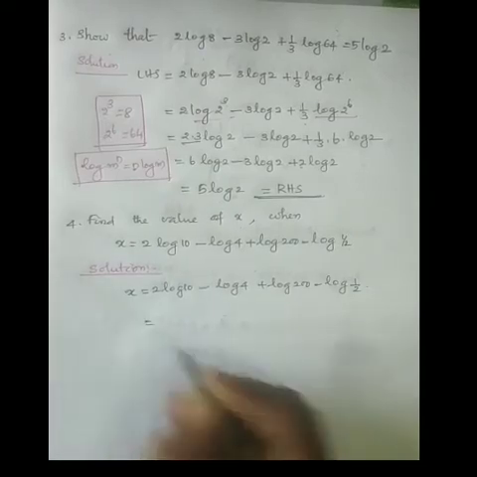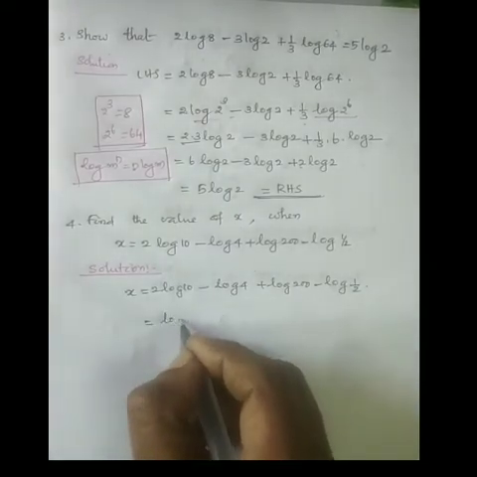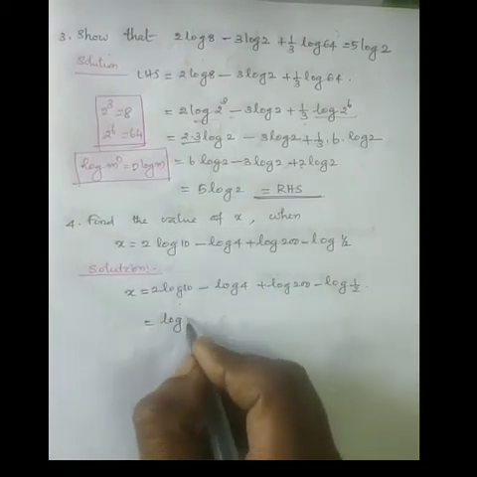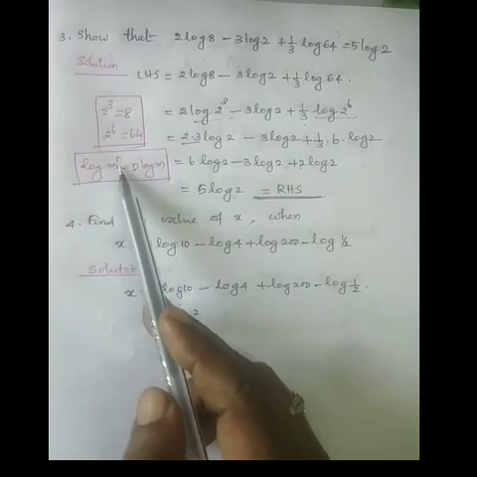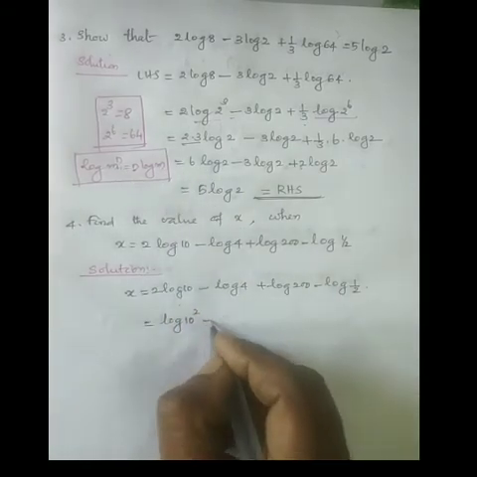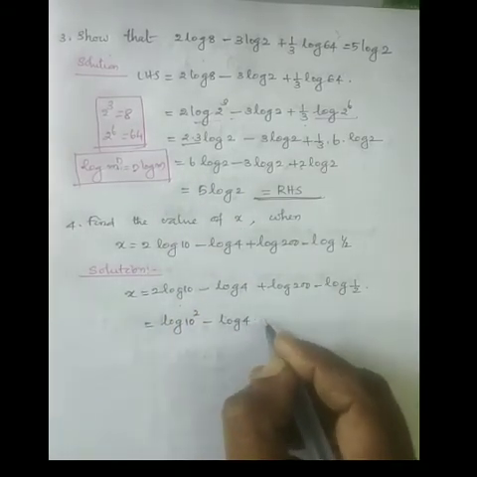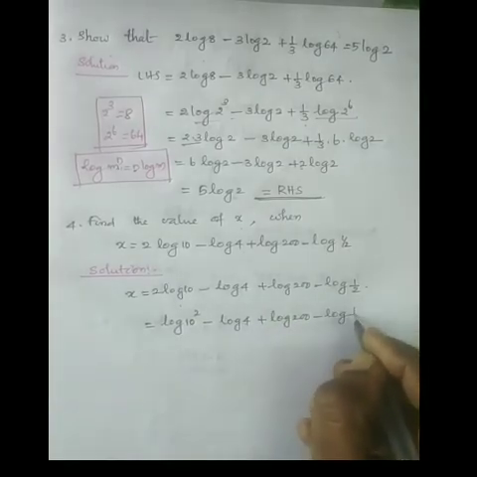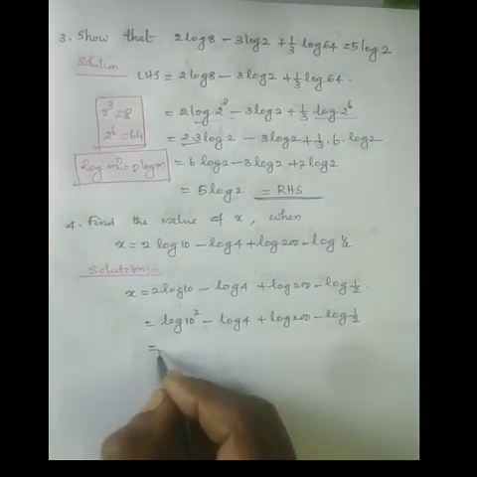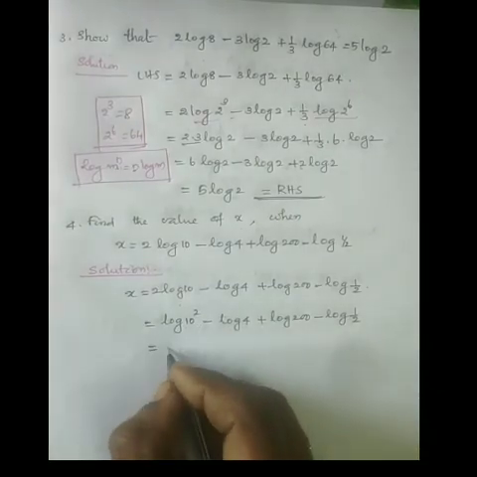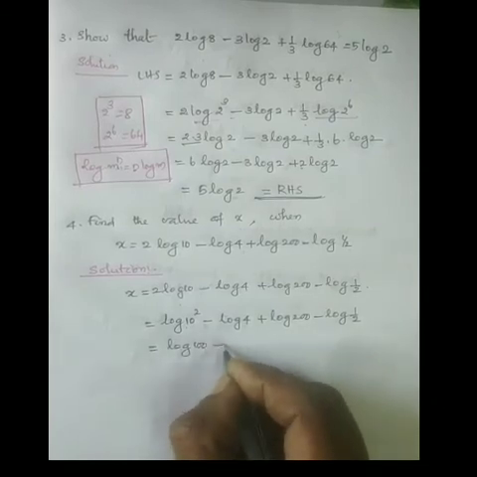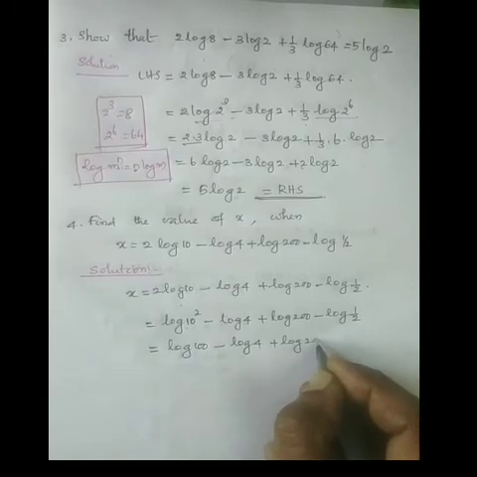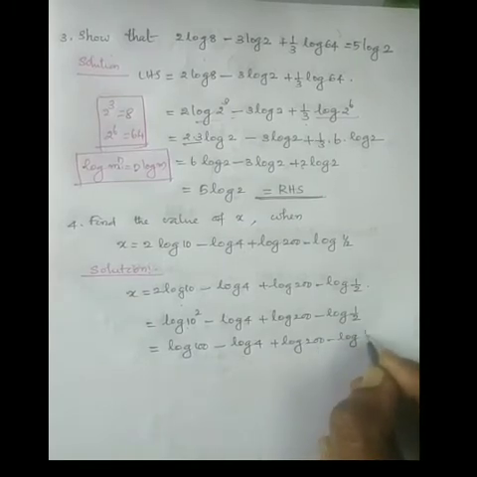This can be written as log 10 square using this identity, minus log 4 plus log 200 minus log 1 by 2. 10 square is 100, so log 100 minus log 4 plus log 200 minus log 1 by 2.